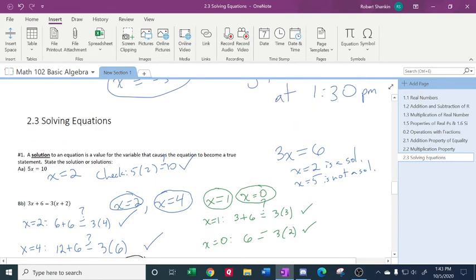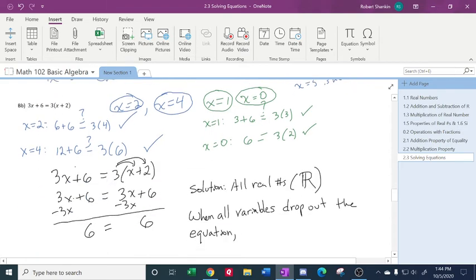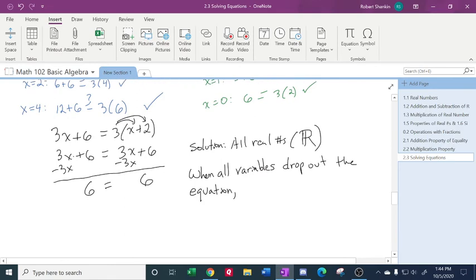We never say, solve this equation: 4 equals 8 divided by 2. We never say solve that because there's no x in it. The only equations that we say solve for are ones that have variables in them. And then the value of the variable that causes it to be a true statement is called the solution. Now, what happens here is there's no variable in it because they all dropped out.